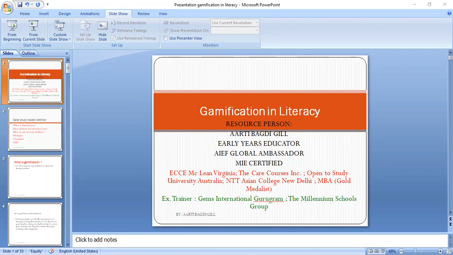So yes, teachers, we can use gamification, but we have to decide the levels. If we are not deciding the levels, definitely we will face challenges. Now, what are these different levels?